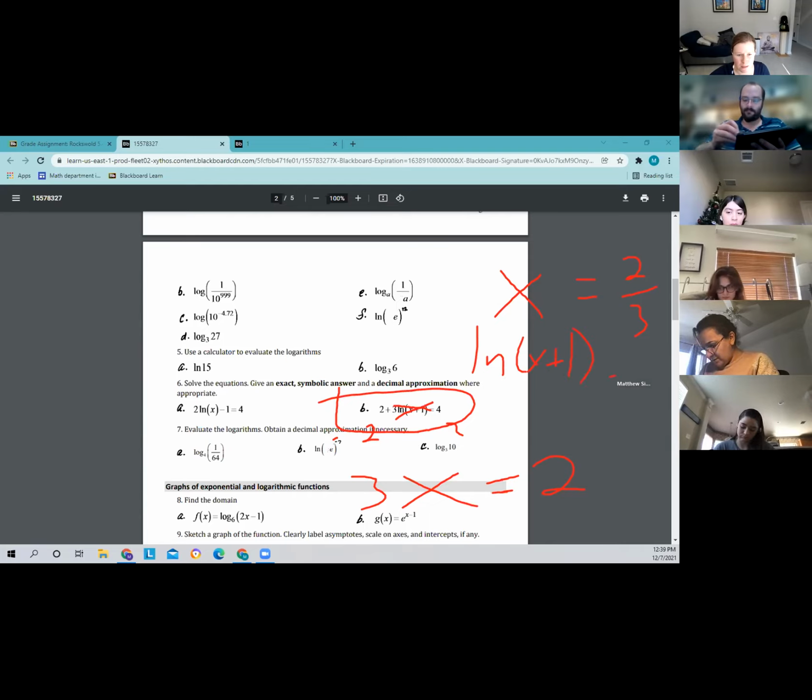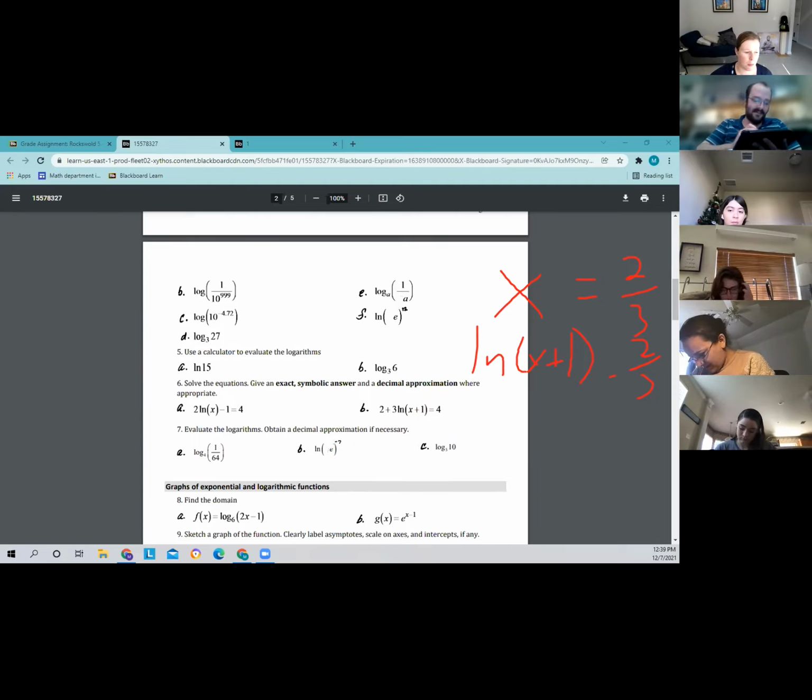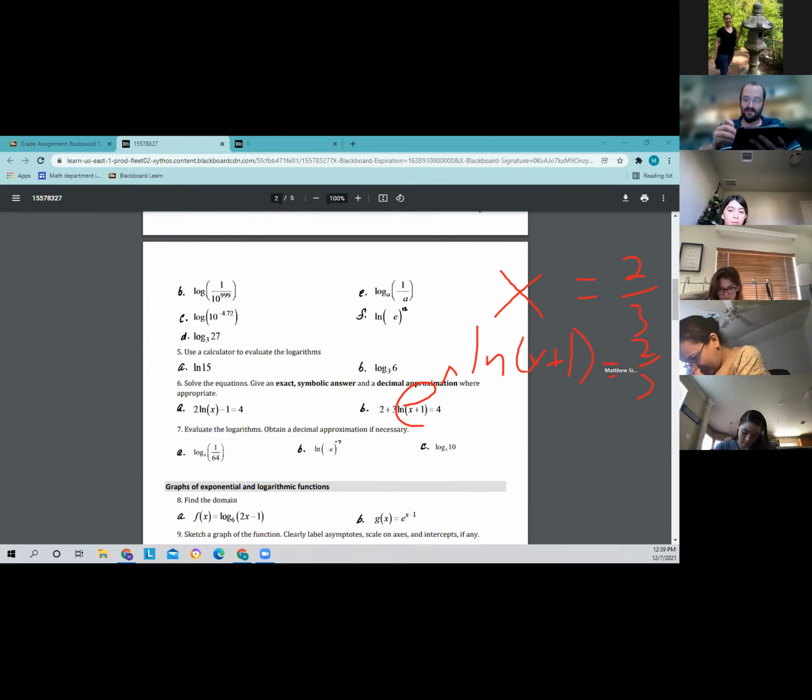Then to go out of the ln, we put the e on the other side: x plus 1 equals e to the power 2 over 3. So we exponentiate this thing with a base of e. Fancy words, but basically we're going to let these be our exponents with base e.